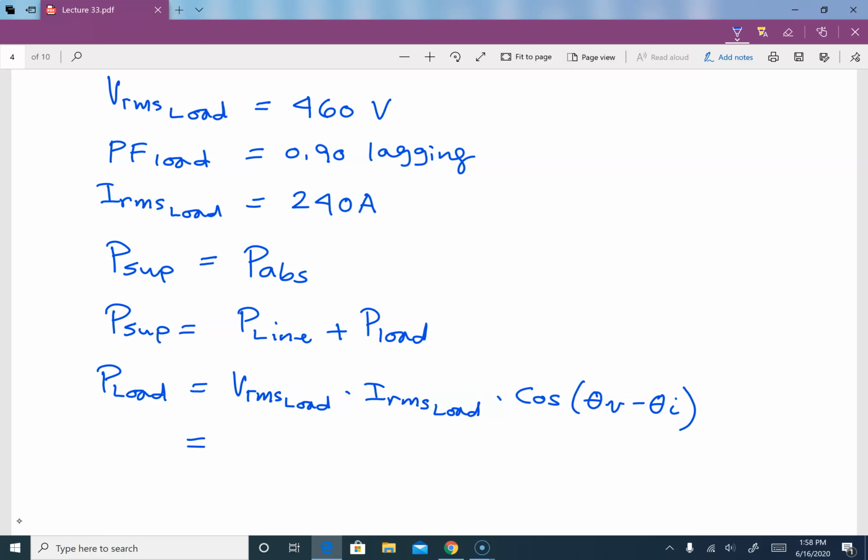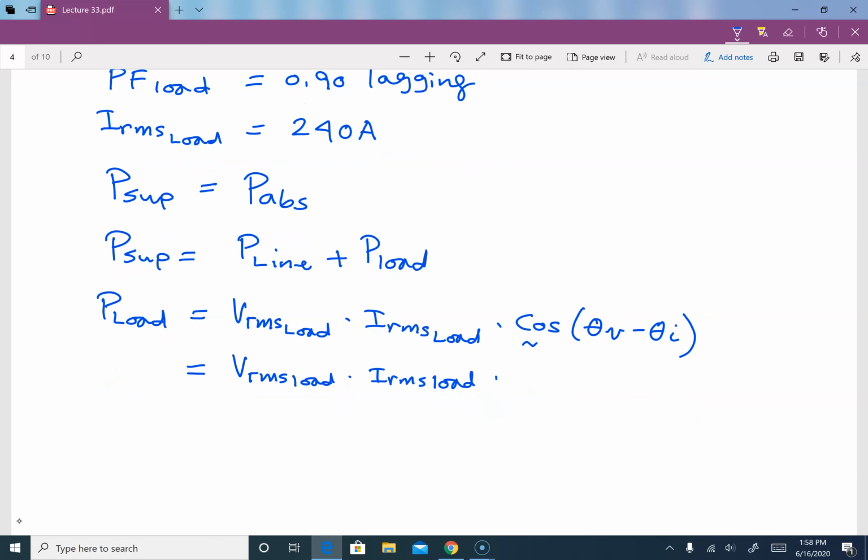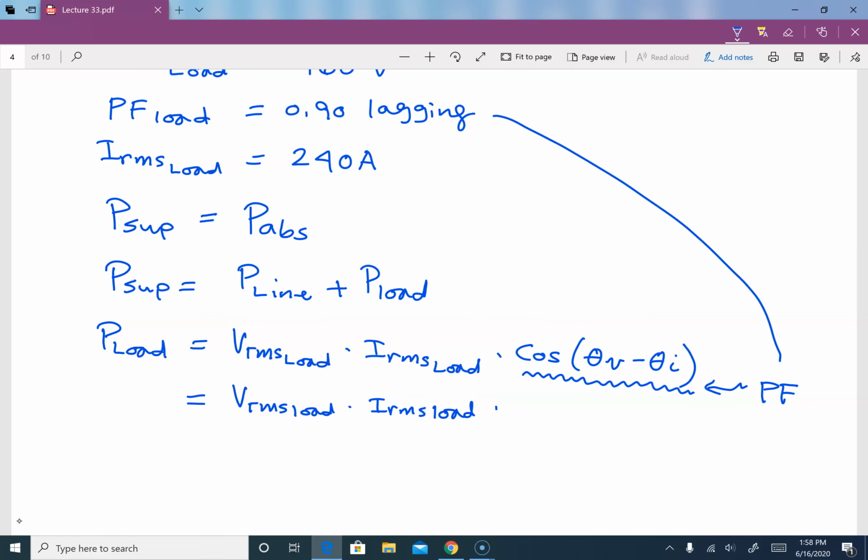That is equal to VRMS load times IRMS load times cosine theta V minus theta I. We said that is our power factor, which is given here as 0.9 lagging.